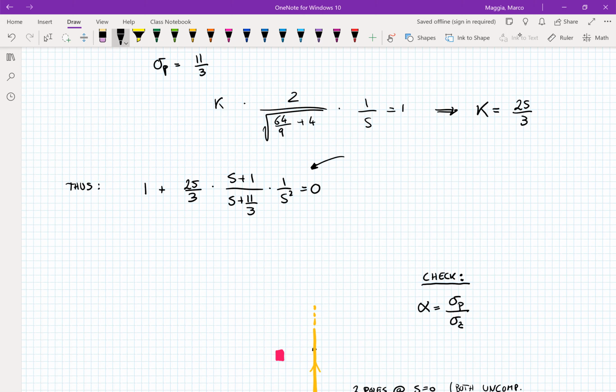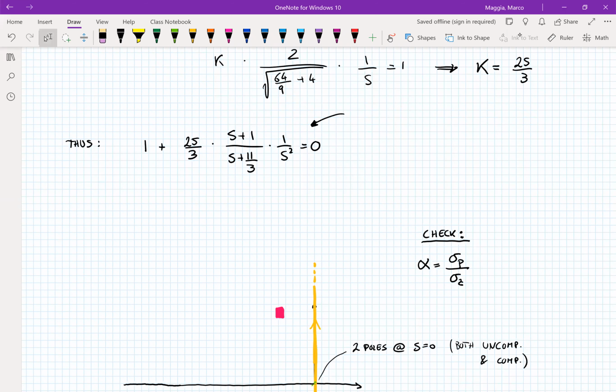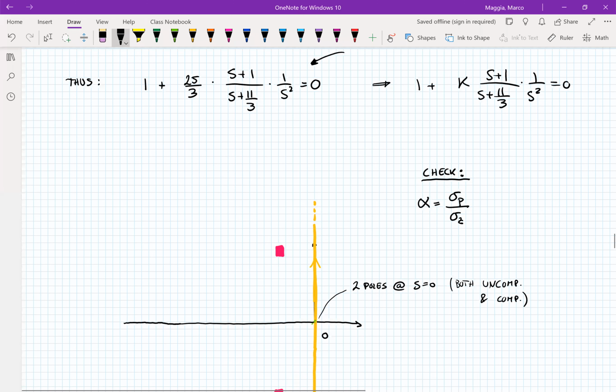Now, if we were to draw the root locus associated with the compensated system, in order to do that, we would need to just let K vary. So really considering 1 plus K times s plus 1 over s plus 11 over 3 times 1 over s squared equals 0. Now let's see how this changes.